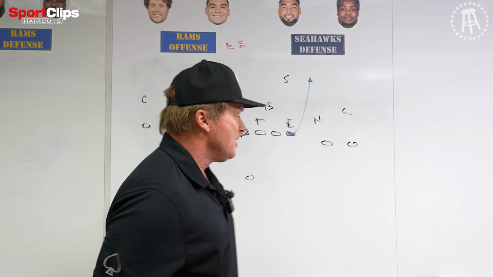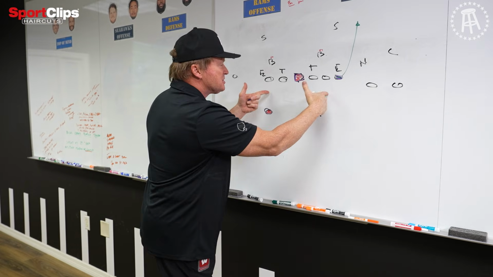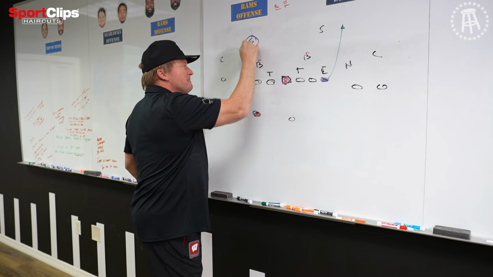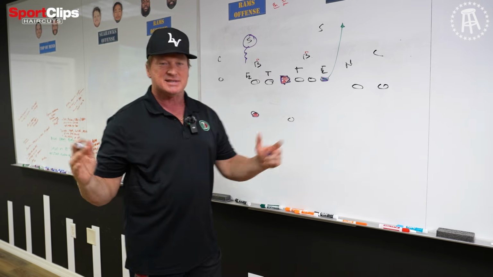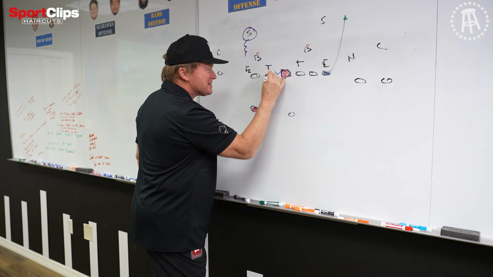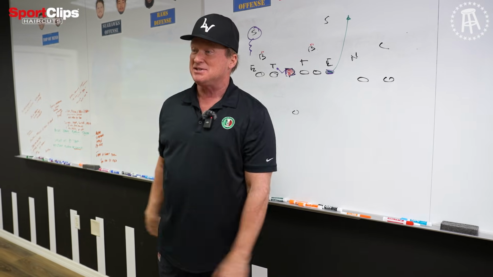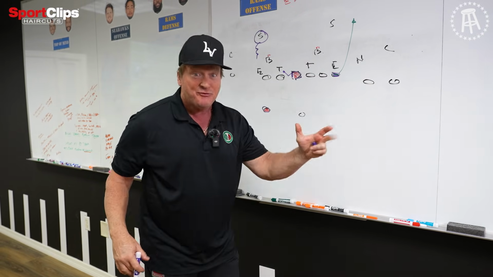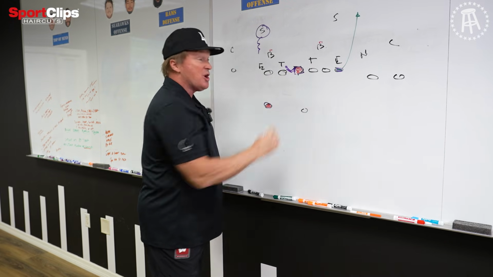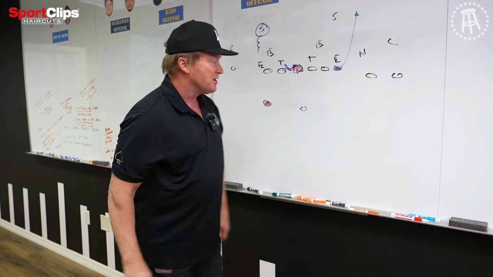What's the look? Well, if we saw an uncovered center and we sensed an overload coming to the weak side, obviously we would want to set the center to the side of the overload. So there's some communication that needs to take place. Hey, lucky 52, lucky, and L call something to get the center to go to the left.